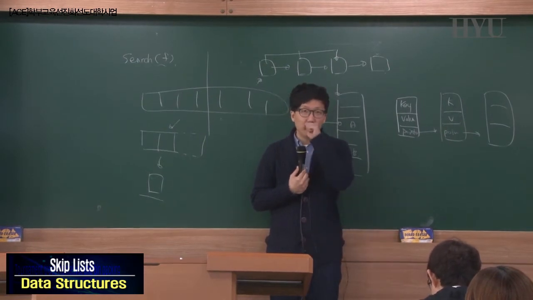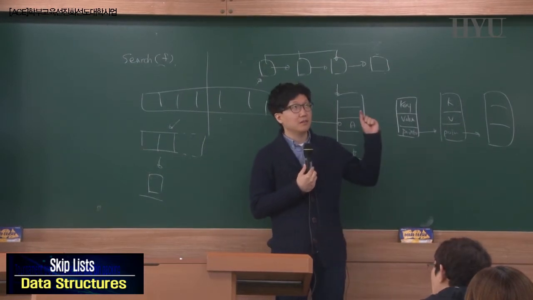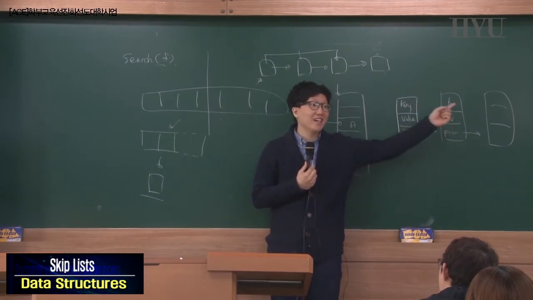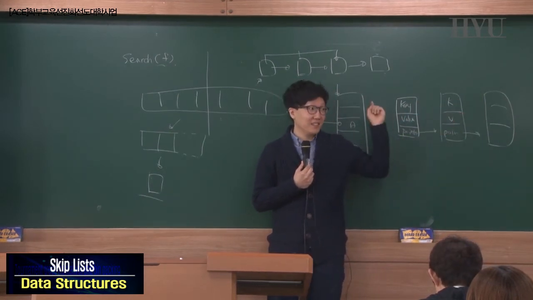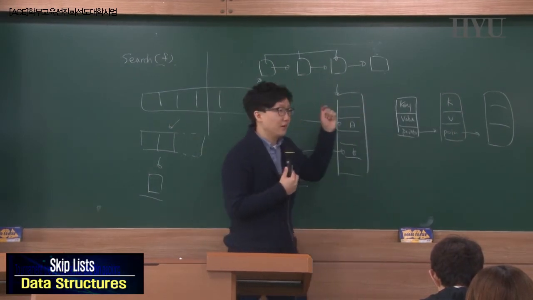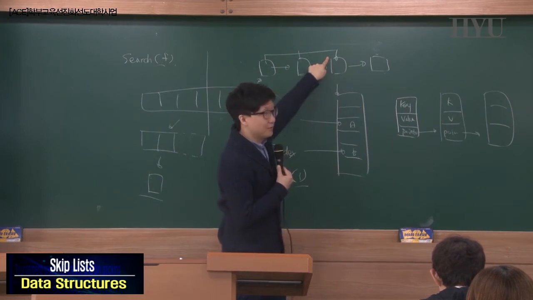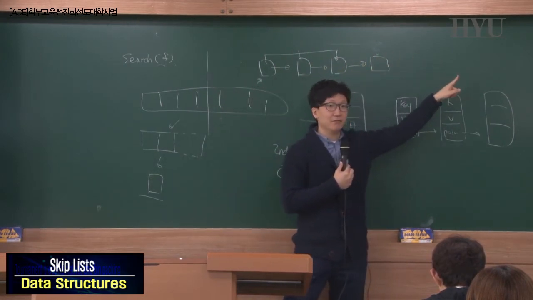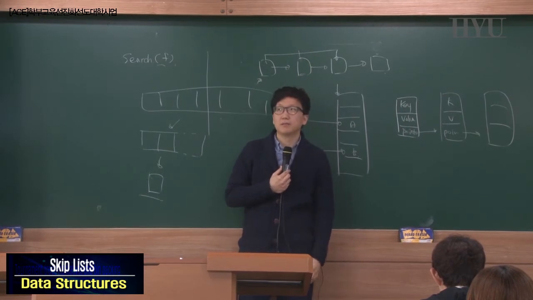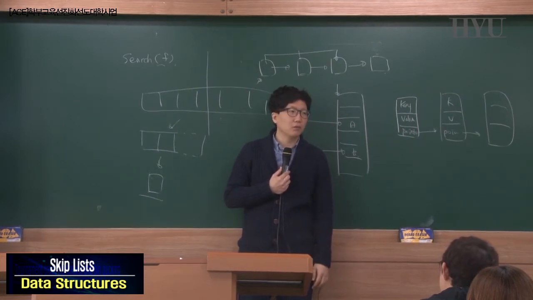Before, if I wanted to add an element to the end of a chain, the end of a linked list, I would have to go n times and add an element. But this time, if there's an additional forward pointer, maybe I can go halfway, and that reduces the number of elements I have to traverse to n divided by 2.